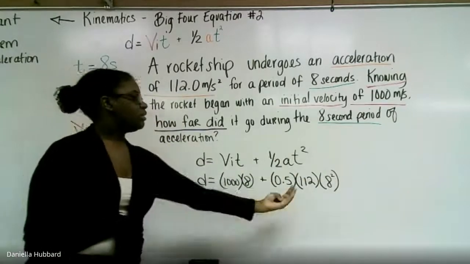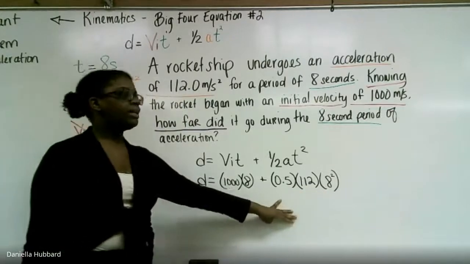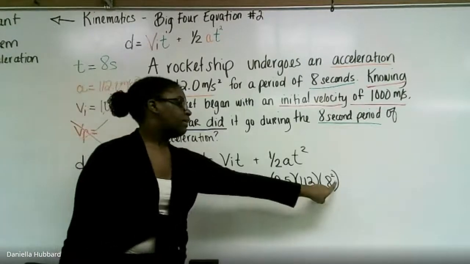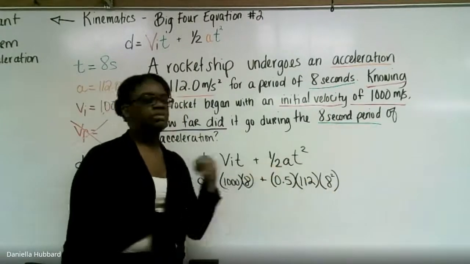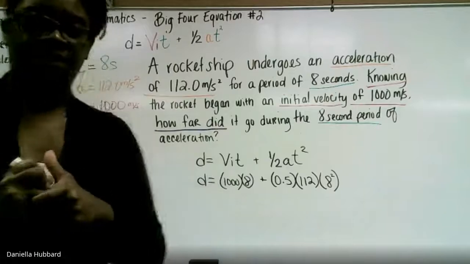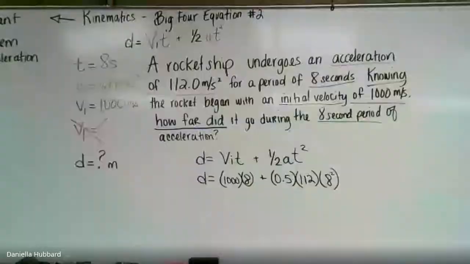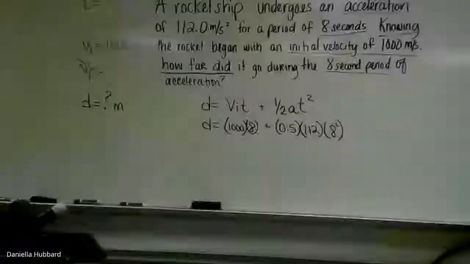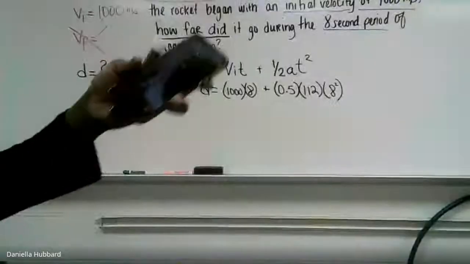That way, if you put it all in your calculator at one time, your calculator is going to recognize that the 8 only needs to be squared and not this whole entire section. Okay? So take out your calculators. If you're fancy, you probably have a calculator. And if you're like me, you have it on your phone.